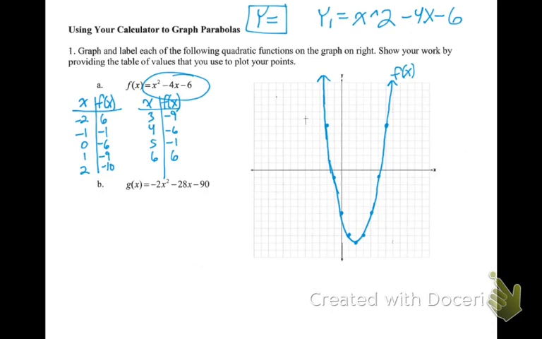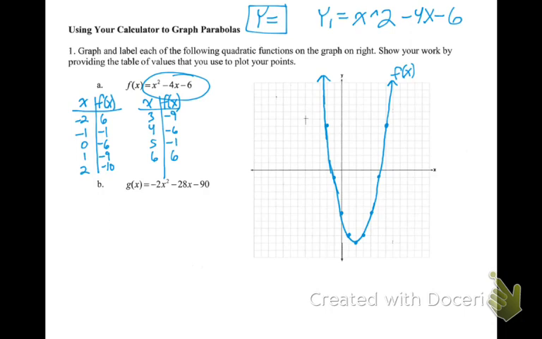So go ahead and let's graph function g of x. We're going to go back to the calculator's y equals function. In place of what we had before, we're going to type in negative 2x squared minus 20x minus 90. You're going to get your table of values, and you're going to plot the points.